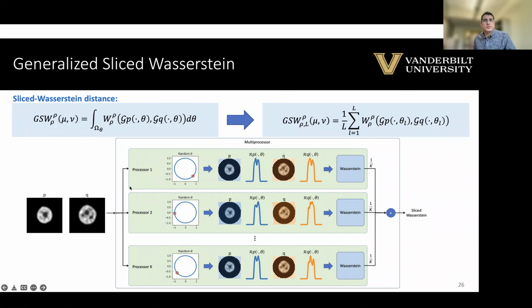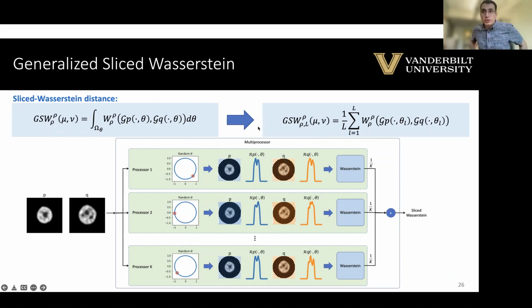So if we have two distributions, this can be implemented in a parallel form, so you can have this summation being implemented in parallel. So you have L processors, or K processors in this case. Each one is going to slice the d-dimensional distribution into one of the marginals and calculate the Wasserstein distance, which is simply an n log n operation, and then aggregate all of them, or average all of them, into the sliced Wasserstein distance, or an approximation of the sliced Wasserstein distance, because we only used L slices as opposed to an infinite number of slices.